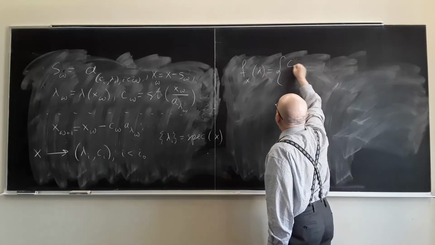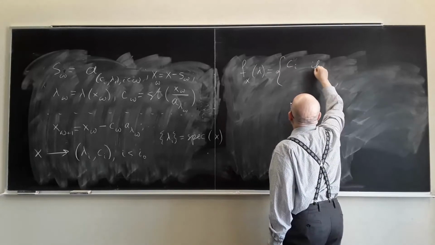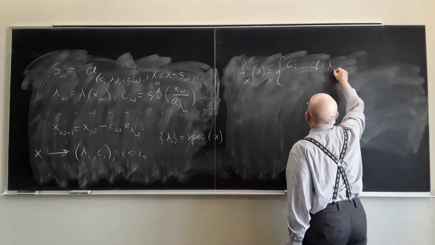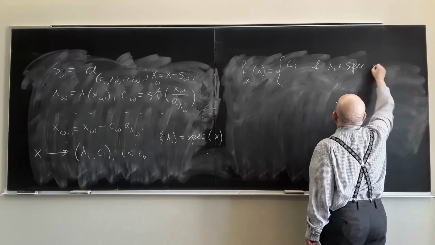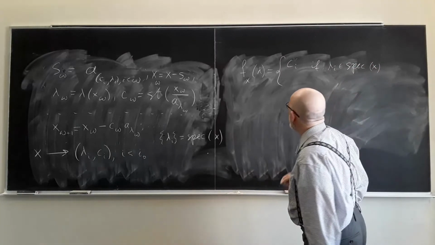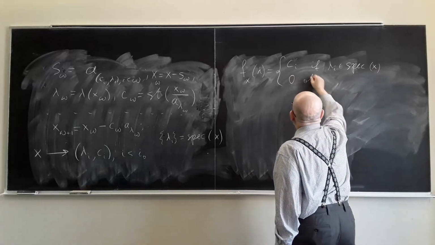It is ci if lambda is lambda i in the spectrum of x, and 0 otherwise.